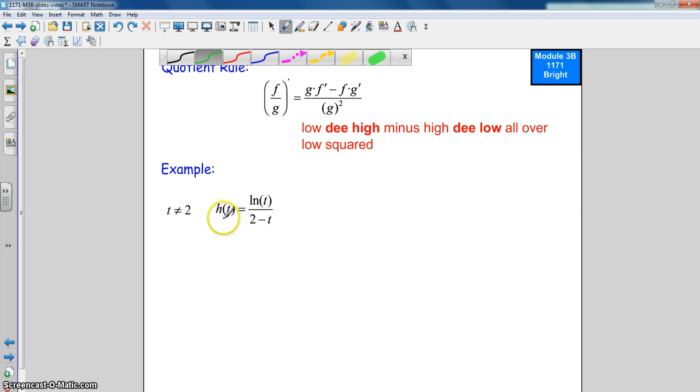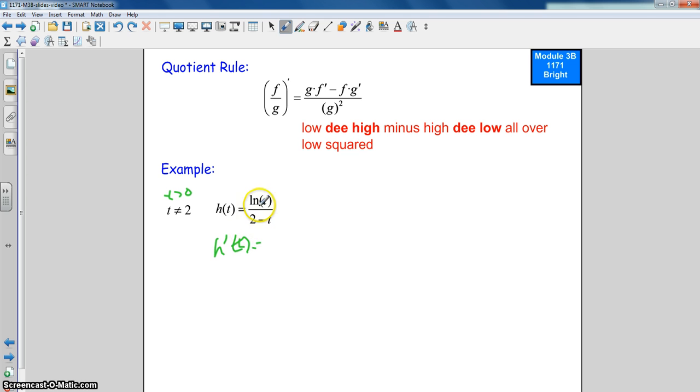Alright, and so we have h of t is equal to natural log of t over 2 minus t. And again, this domain restriction is, and actually I should probably add that t should be greater than 0 too for natural log. So it's greater than 0 and not equal to 2, just so that we have a well-defined function and we can find the derivative. Okay, so finding h prime.